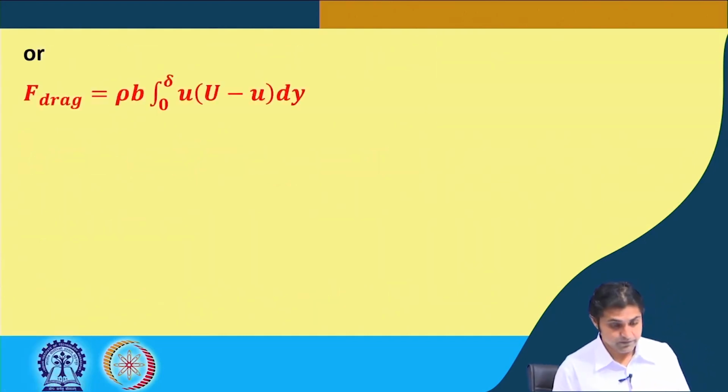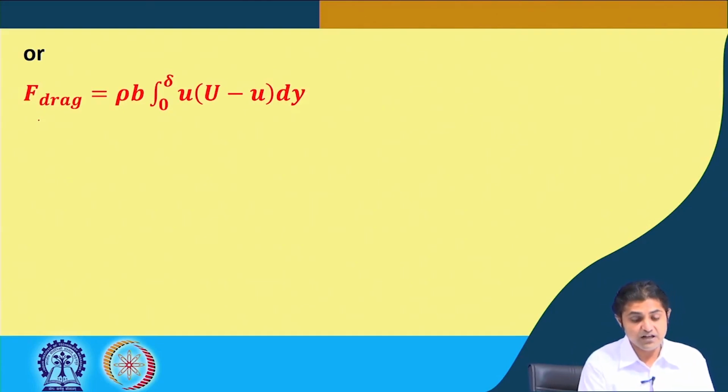Alright. Or simply if we take some terms outside and take the common, F drag will become rho b integral of 0 to delta u multiplied by the velocity deficit into dy.